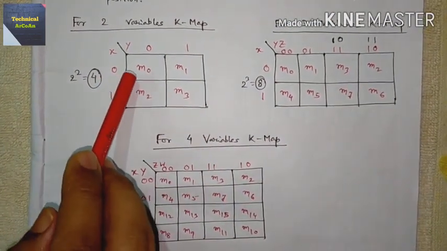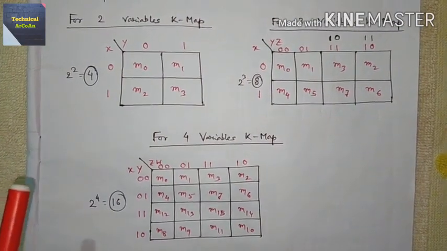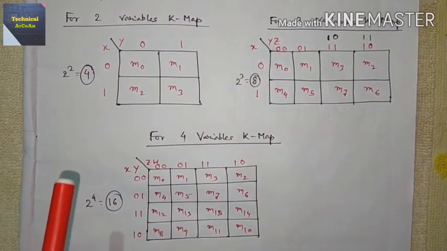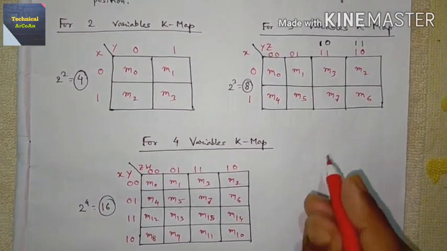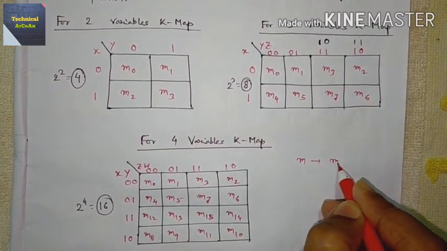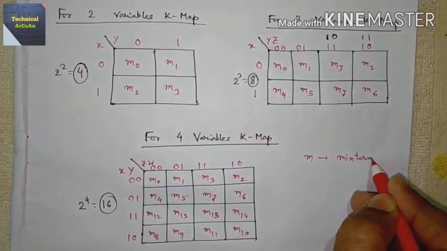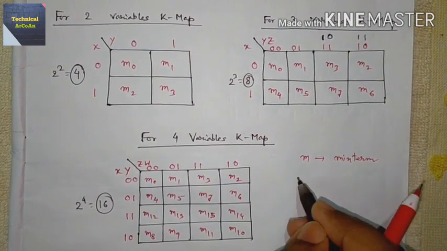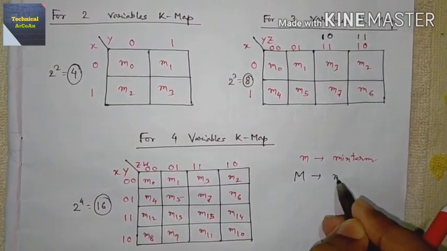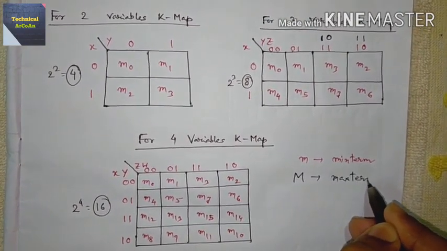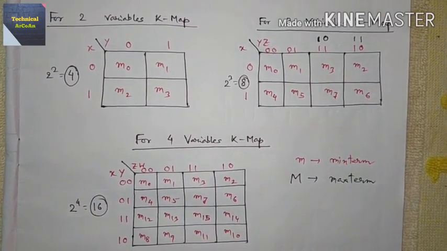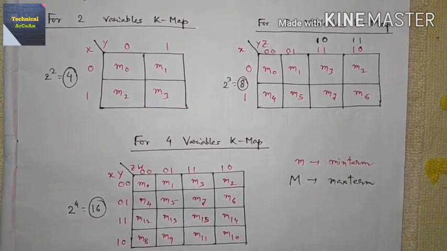Means where I am writing this small m0, we write capital M, because small m represents your Minterm and capital M represents your Maxterm. And we already discussed Minterm and Maxterm in my previous video.